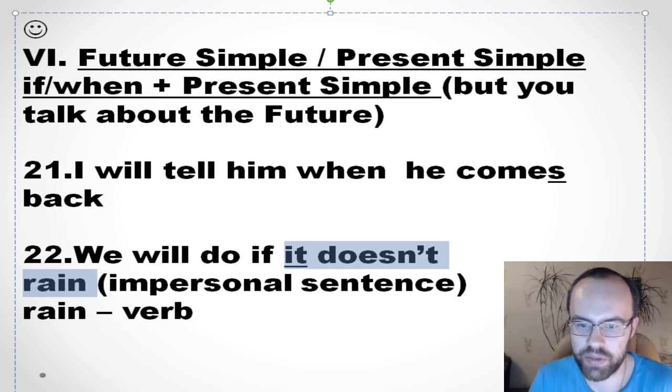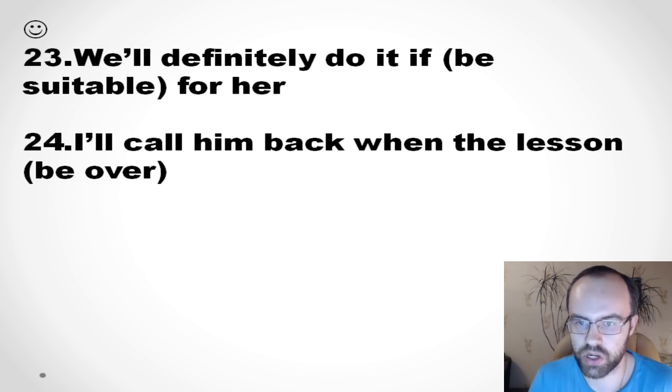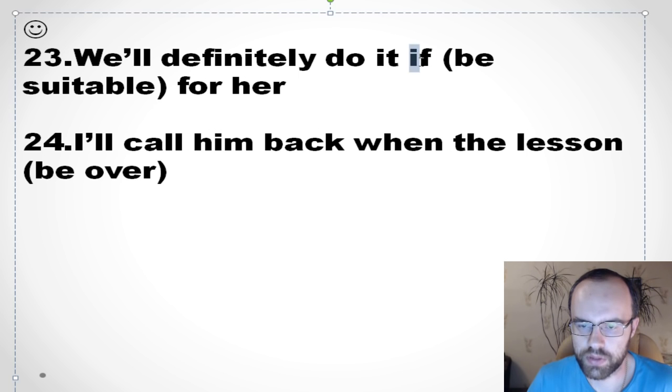Yeah, maybe you answered it correctly, my friends, but there are 2 more difficult questions. Okay, good. Okay, good. So we'll definitely do it if be suitable for her. So we have if, it's about the future, but we don't use future simple, we use present simple.